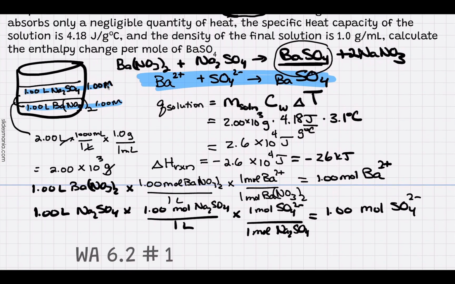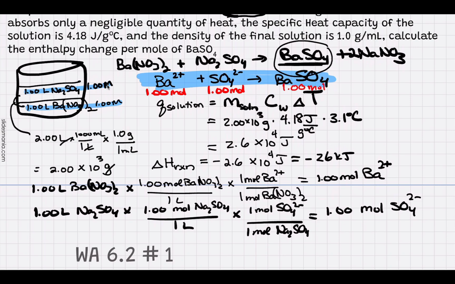So really, if you go back up to that net ionic, you can say, oh, well, I have 1 mole of this. I have 1 mole of this. So they're perfectly in the right stoichiometric ratio to give me 1 mole of barium sulfate.